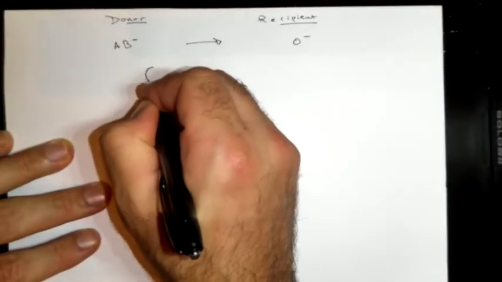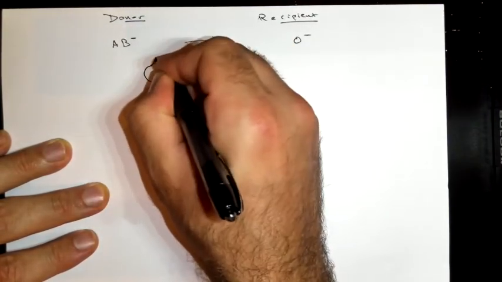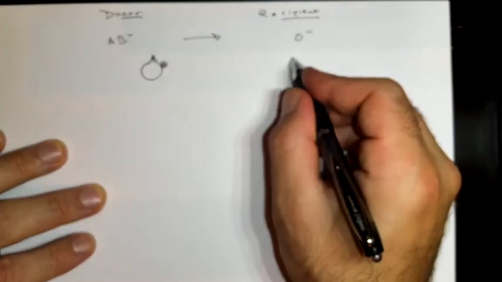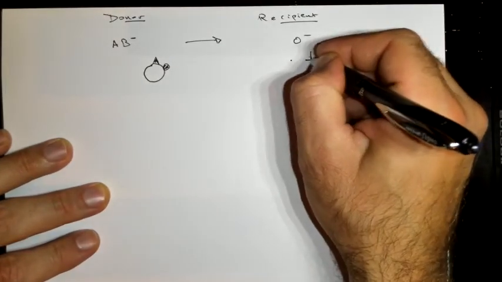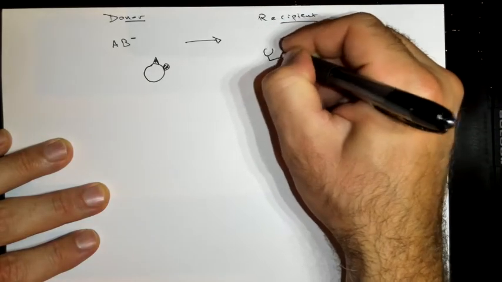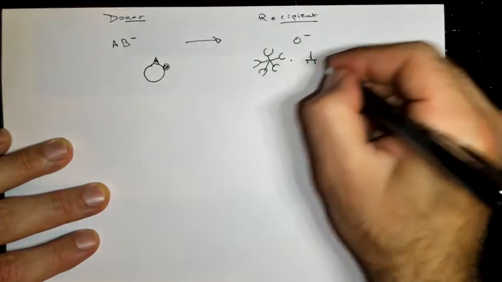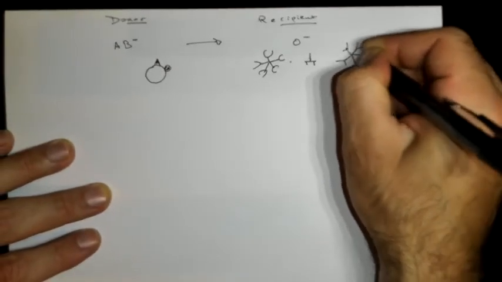So here's the cell for the AB. I've got a triangle, I've got a circle, and then the O negative plasma is going to look like this, also with the triangle sticky ends like that.